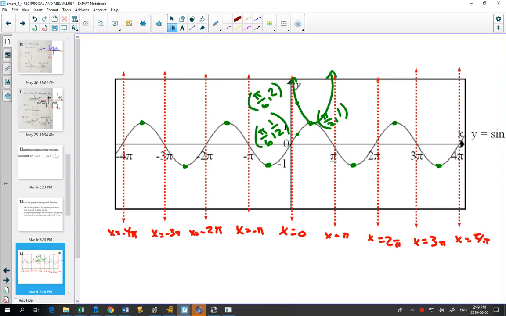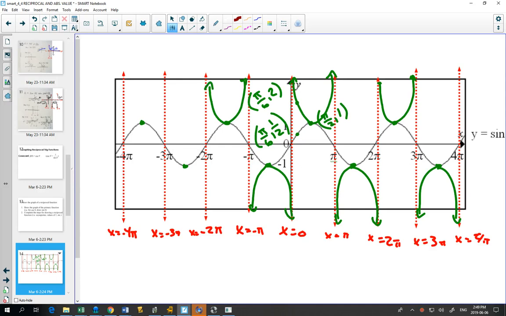In fact, you can just graph up towards the asymptotes or down towards the asymptotes. Probably didn't need to include this many periods of sine, but once we find the graph for one section, it is the same every single section.